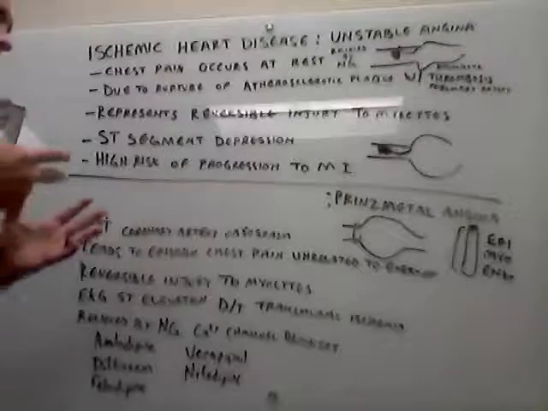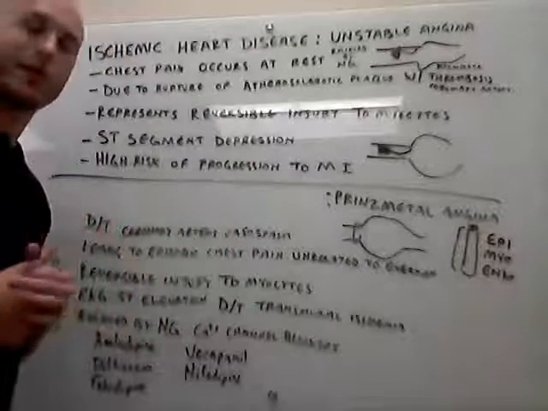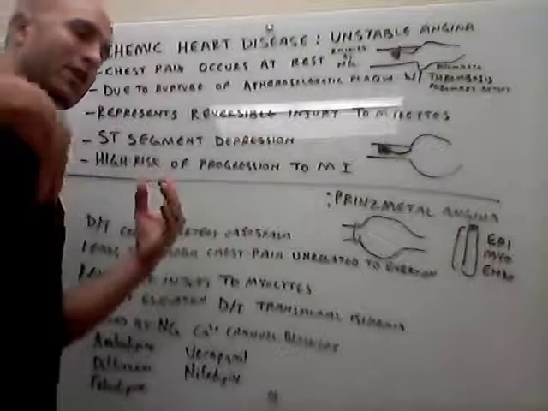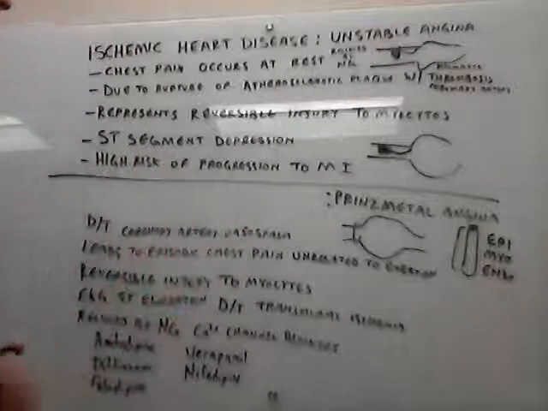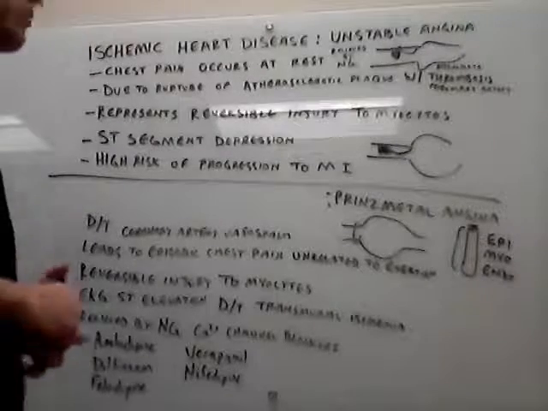And so this also causes reversible injury to the myocytes, meaning that myocytes swell, but they're not necessarily completely destroyed or completely damaged. You'd also see the ST segment depression again.